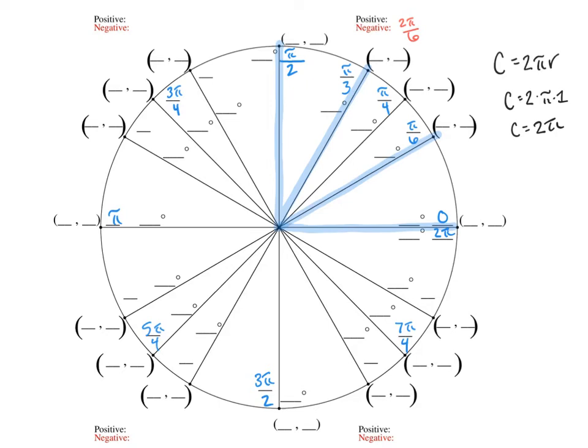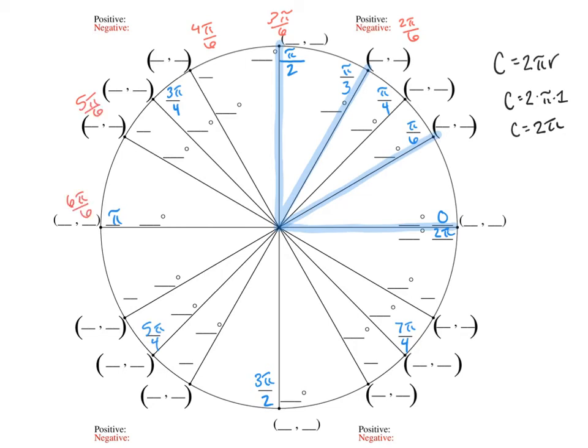So from here, if we add another pi over 6, so we're here at 2 pi over 6, we get 3 pi over 6, also known as pi over 2. We add another pi over 6, and you can just kind of keep doing this all the way around. We get 4 pi over 6, 5 pi over 6, and 6 pi over 6.